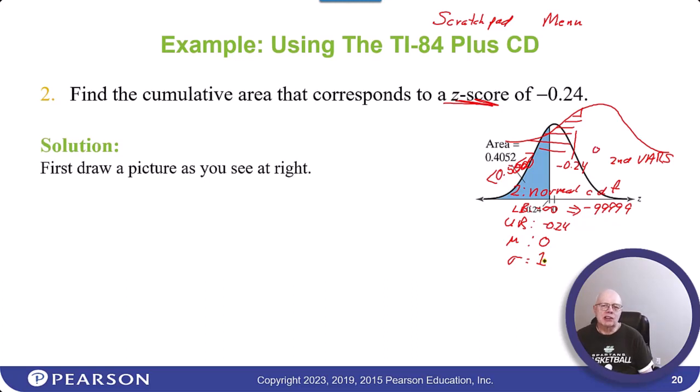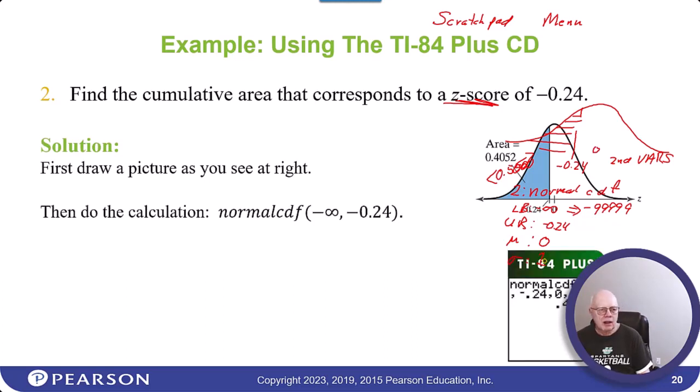So there's the picture. Do the calculation, and from this note, remember, because it's the z-score, you don't need to put in the 0, 1, but I think it's a safe thing to do. Even your calculator puts it in even though you didn't enter it.